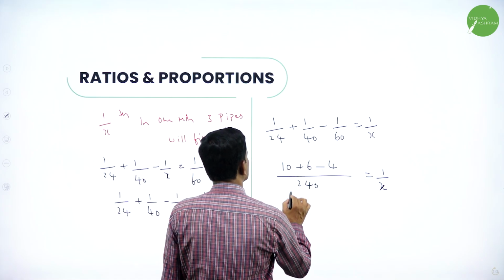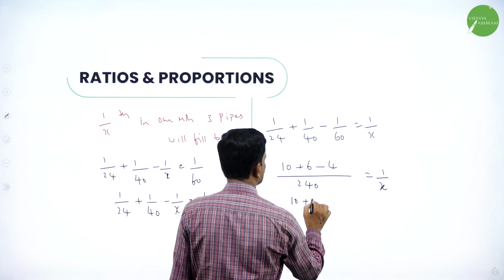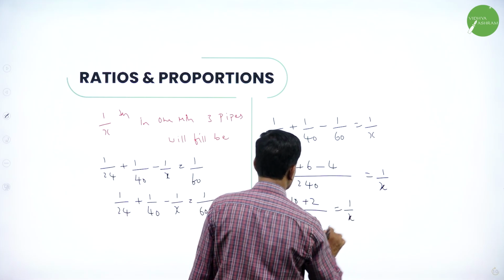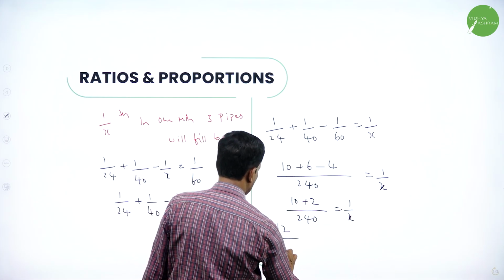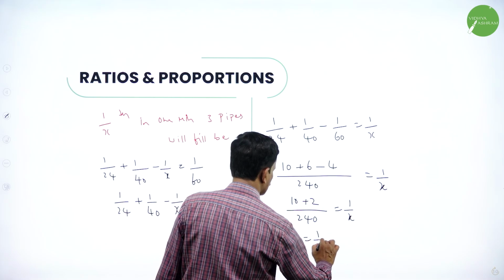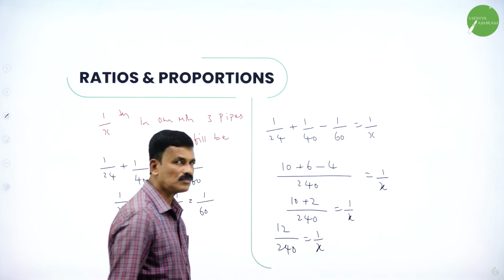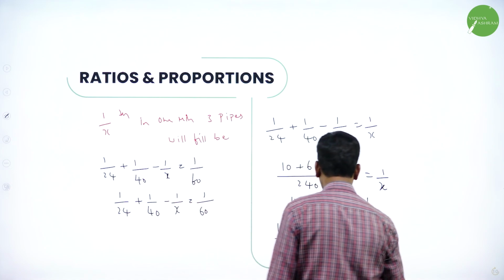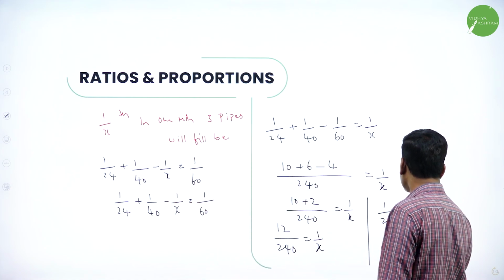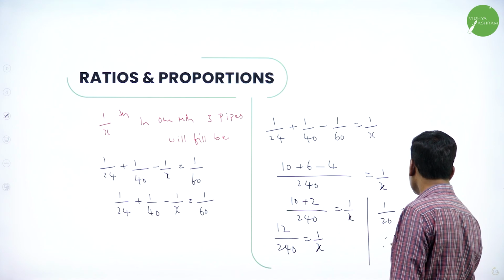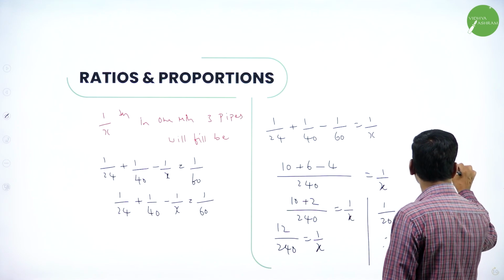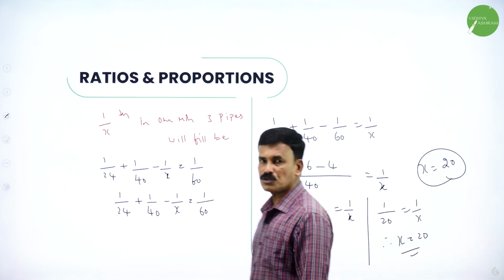So that is 10 plus 6 minus 4, which is 12, divided by 240, equal to 1 over x. 12 twenties are 240, so 1 by 20 is equal to 1 over x. Therefore, reciprocating, x is equal to 20.